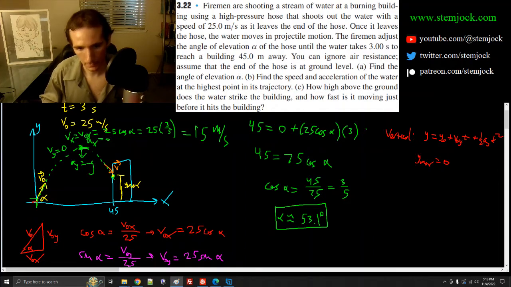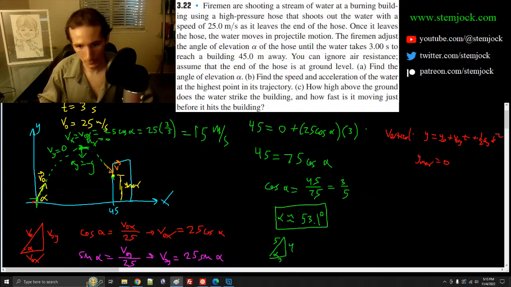V0y, that's going to be 25 sine alpha. So sine of alpha is going to be 4/5. I just did that in my head because it's basically a 3, 4, 5 triangle like this.